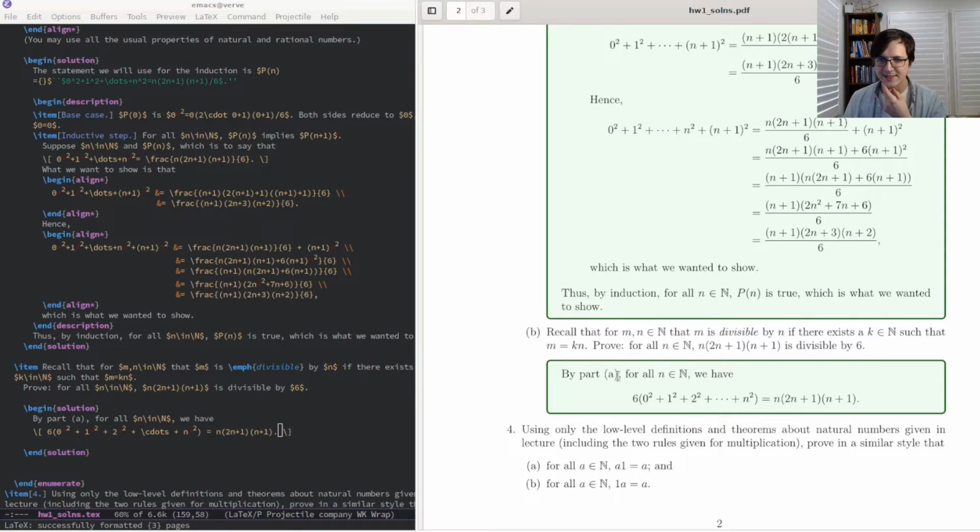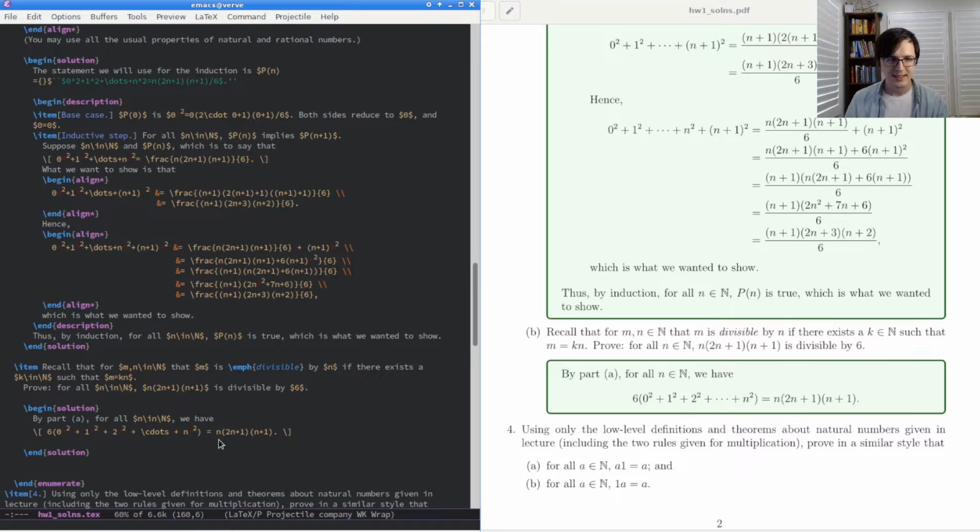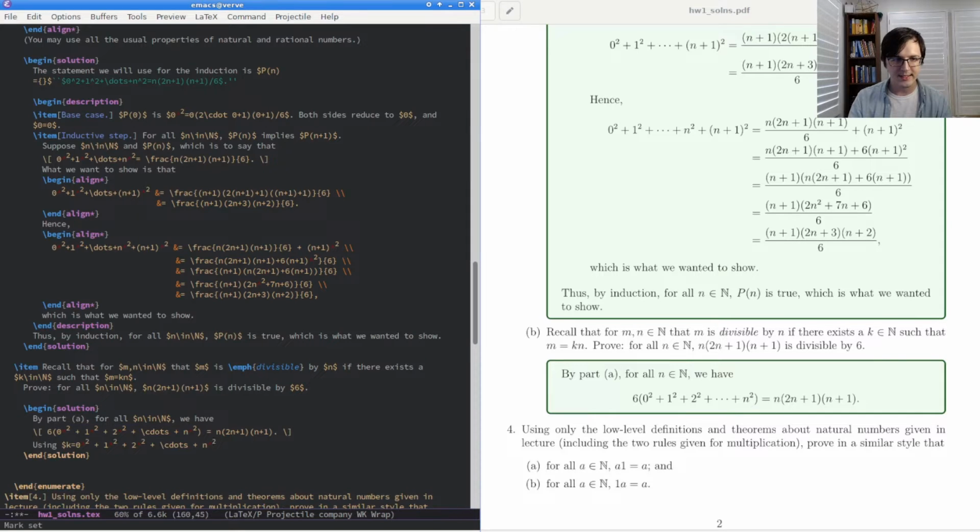And so, by definition of divisibility, and using this value for k, the sum of the squares, we have that this polynomial is divisible by 6.